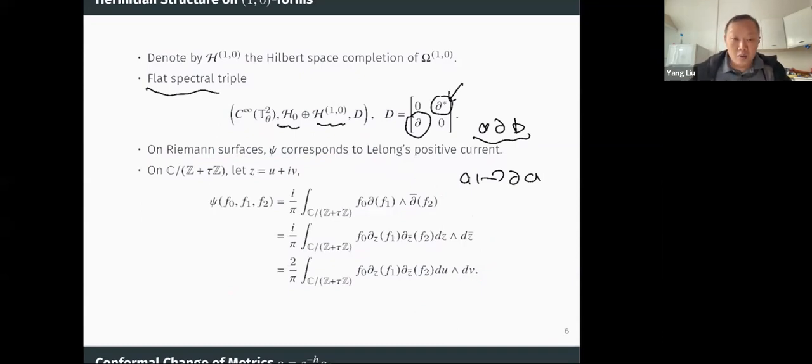So now the next step is how to construct this conformal change of metric, step by step. We have some spectral triple representing the flat metric.